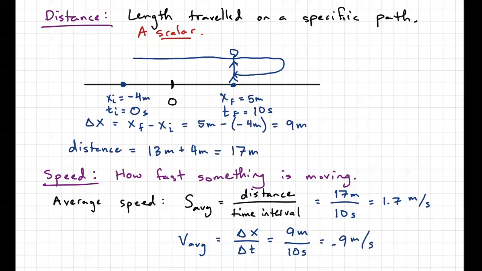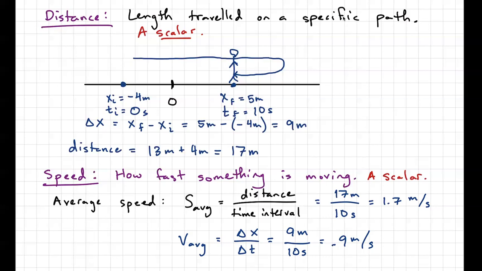So in general, you're going to have different distances and displacements in most cases, and different average velocities and average speeds. While average velocity can be negative, as we saw in a previous example, the average speed can never be negative. So the speed, again, is a scalar.